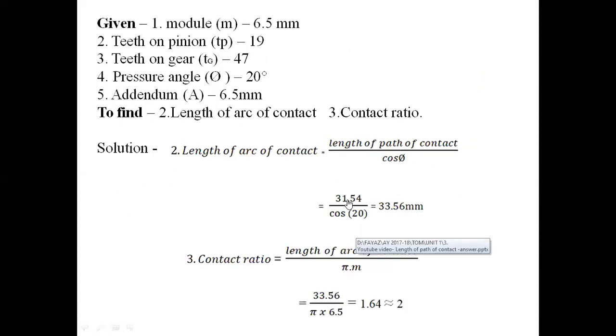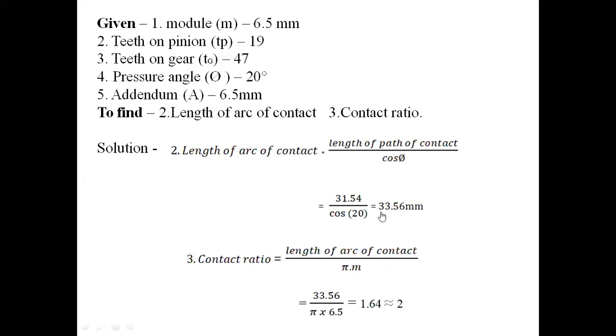I put the same value here, 13.54 divided by cos of pressure angle phi, which is given as 20 degrees. So the answer for length of arc of contact is 33.56 mm.